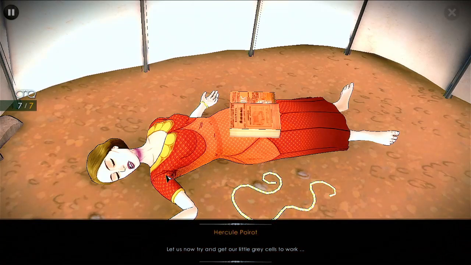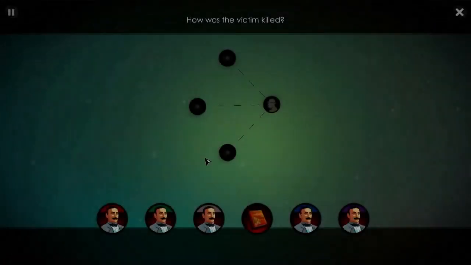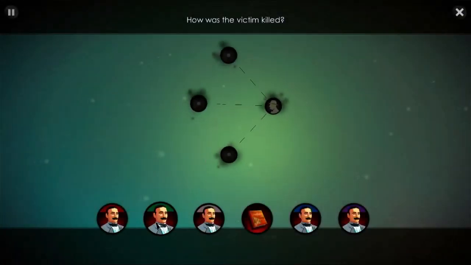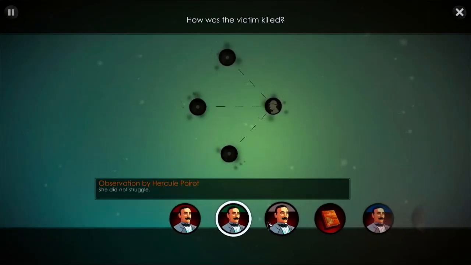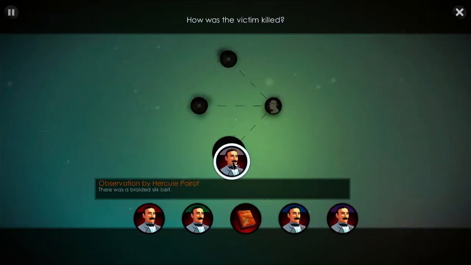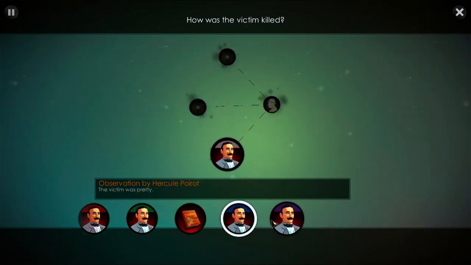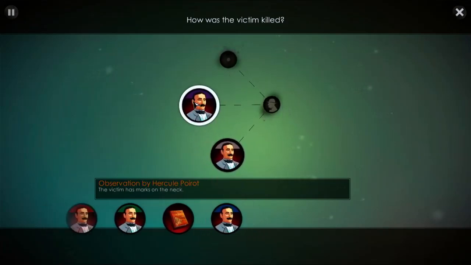Let us now try and get our brain cells to work. How was the victim killed? I think that she was strangled. Braided silk belt. Victim was pretty. She had marks on her neck.